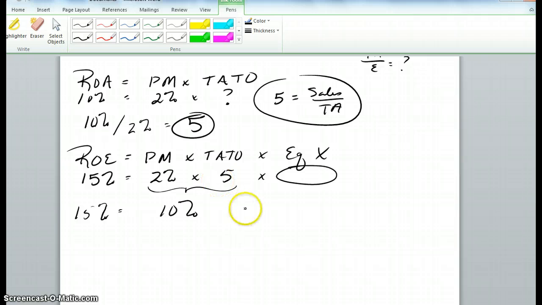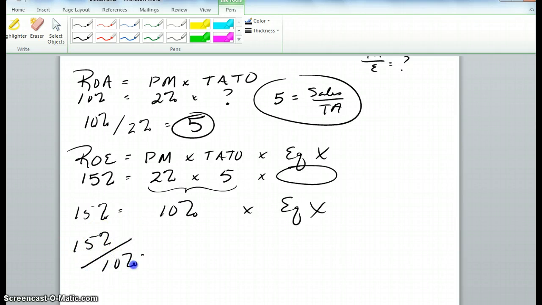So 2% times 5 is 10%, times the equity multiplier. Now we can divide 15% by 10%, and the equity multiplier is 1.5.